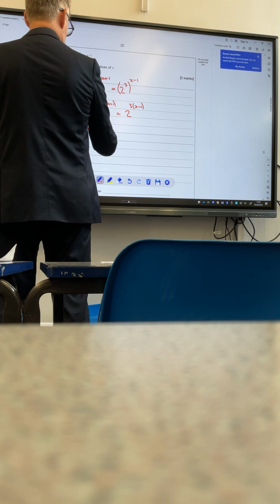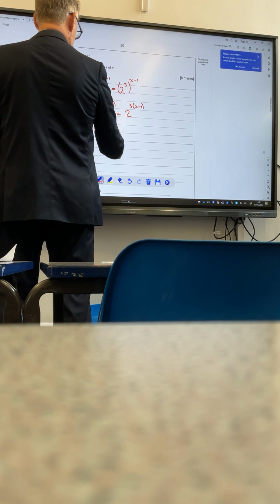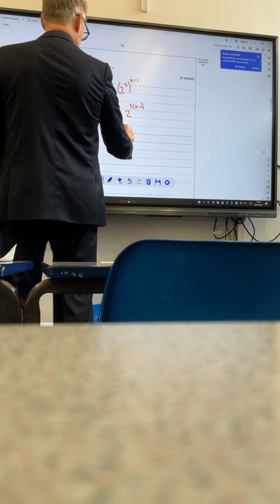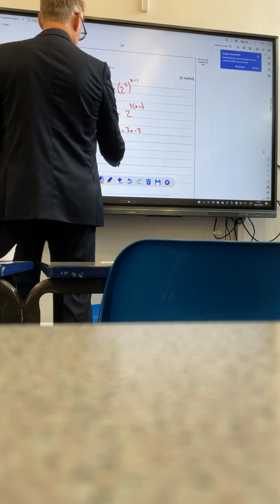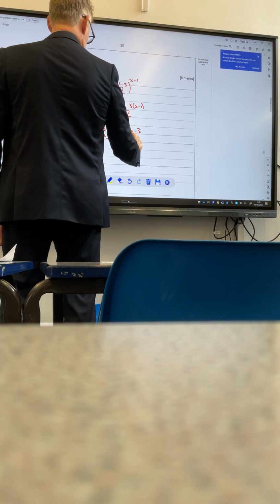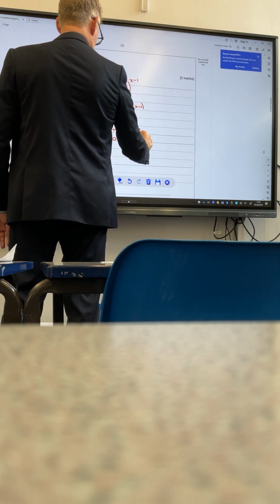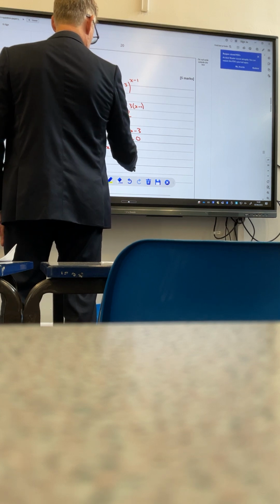Yeah. So you get 4x squared plus 13x plus 3 equals 3x minus 3. Oh, can I do the wiggle method? This is the wiggle method. All on one side, so you get 4x squared plus 10x plus 6 equals 0. I personally would divide by 2 there, because everything can divide by 2.